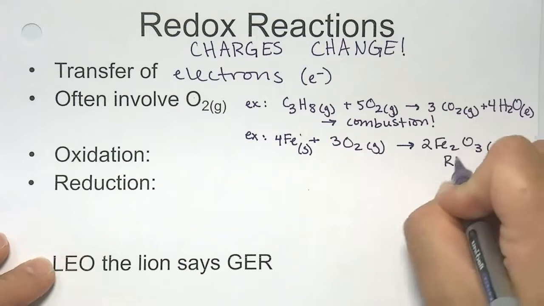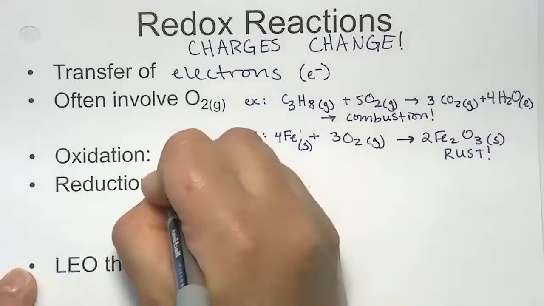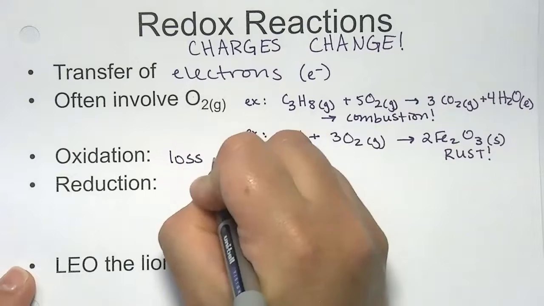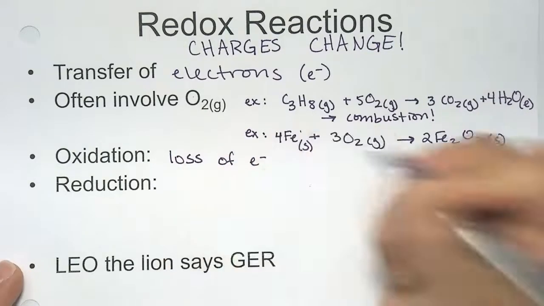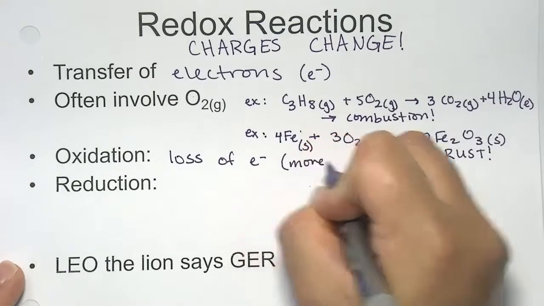And so this is rust, and that's an example of a redox reaction, right? So what happens in a redox reaction? The reason why it's called redox is because we have both reduction and oxidation. Oxidation is when you have something that loses electrons, so loss of electrons. So the thing becomes more positive.